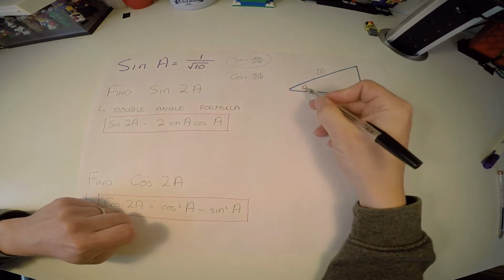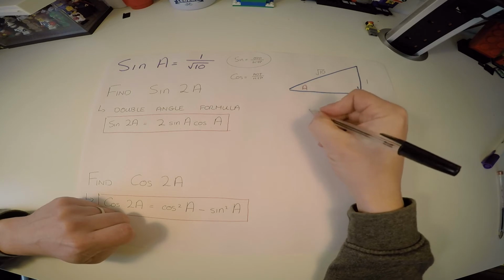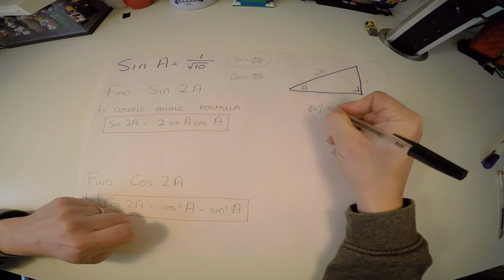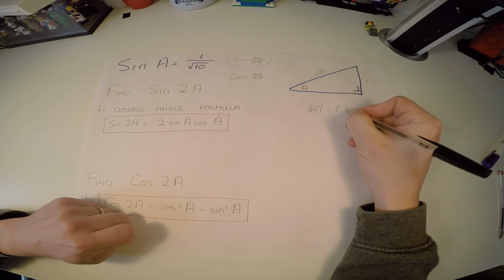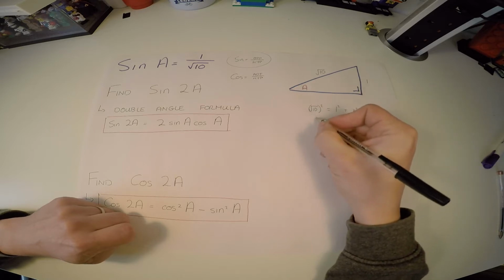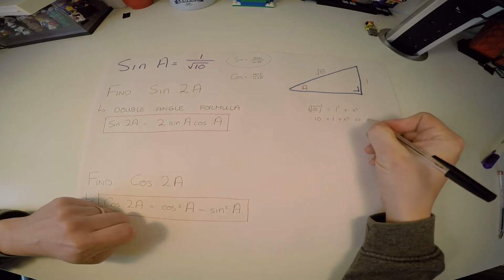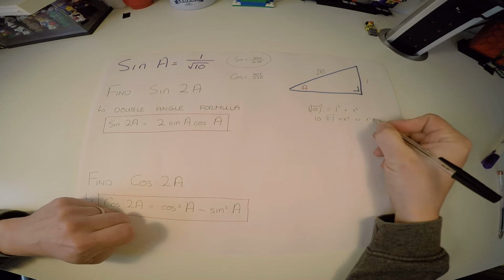Now, of course, we don't have the adjacent for a, but from Pythagoras' theorem we can get that, because square root of 10, which is the hypotenuse, squared, is equal to 1 squared plus, let's call that x squared. Square root of 10 squared is just 10, which is equal to 1 plus x squared. That means x squared, when that 1 comes over, is equal to 9.